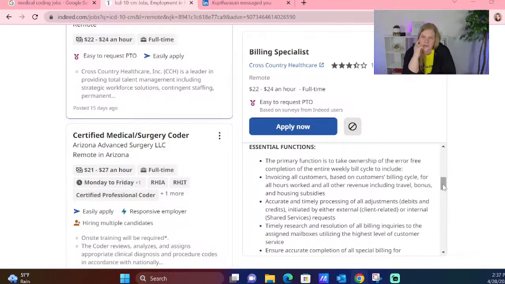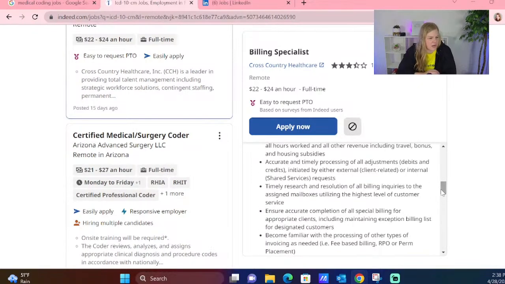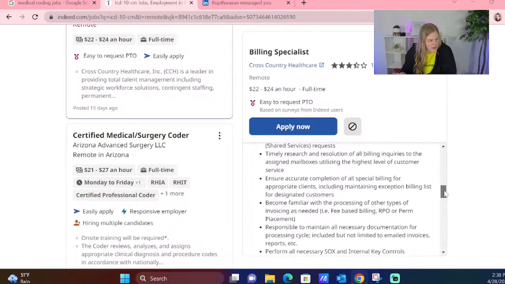That's kind of interesting because this to me doesn't sound yet like a medical billing position, right? It says it's at a healthcare organization, but to say travel, bonus, and housing subsidies doesn't sound to me like we're billing for patients. Accurate and timely processing of all adjustments, internal shared services requests, timely research and resolution of all billing inquiries to the assigned mailboxes.